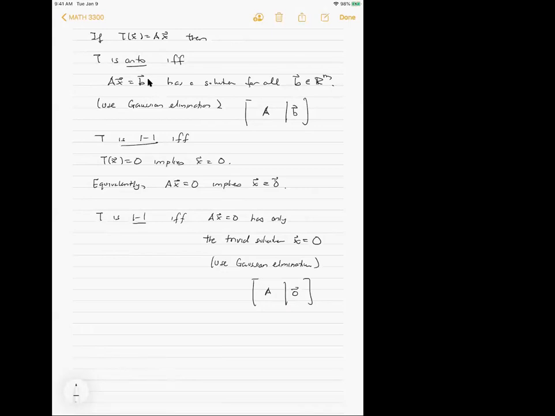Yeah, I have a question. Okay, go ahead. So in one of the homework problems recently, there was a question asked to describe the standard matrix that would happen after a shear and then a reflection across the line y equals x. So how would you go about doing that?